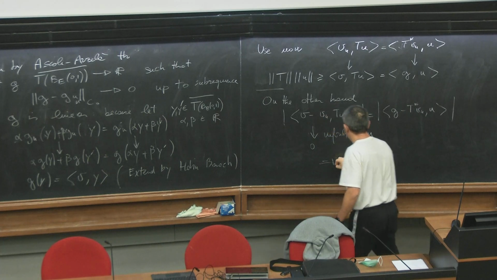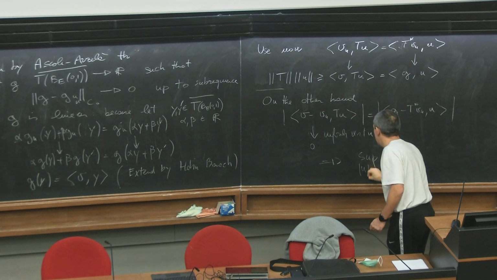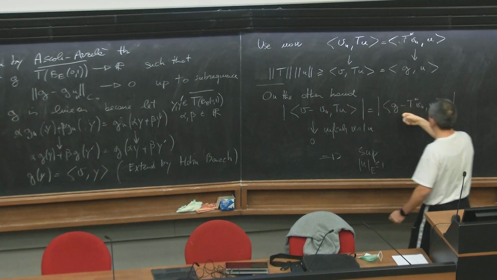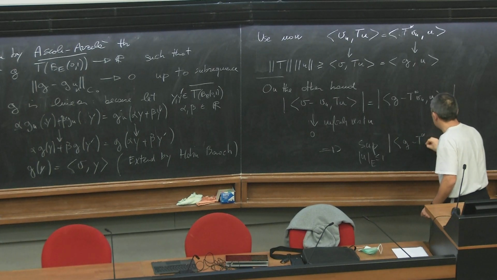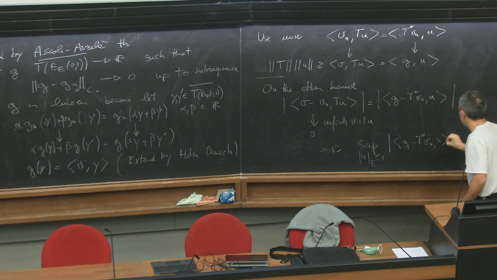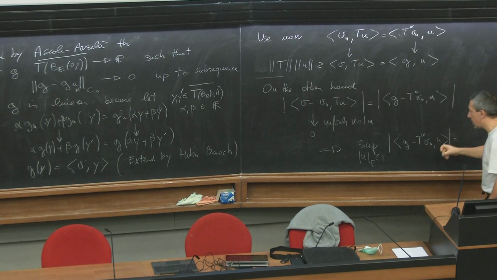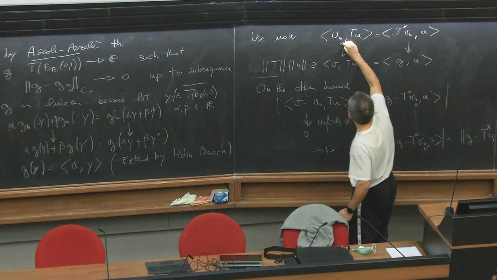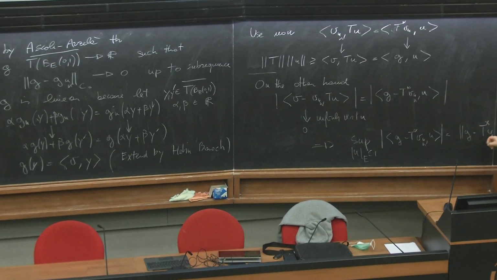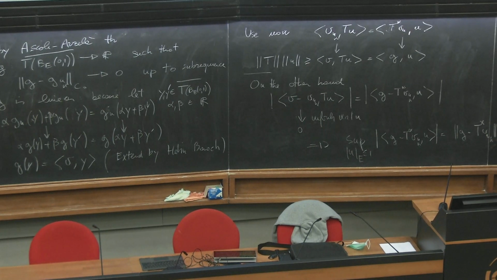So I deduce that the supremum over U with norm less than 1 of this duality product, which is this norm, goes to 0. I forgot there is also k, I take a subsequence: V_{n_k} converges in the norm of E star, tends to 0.